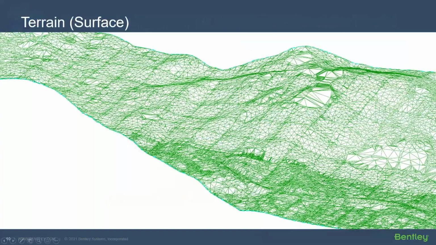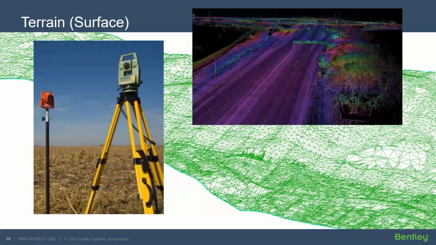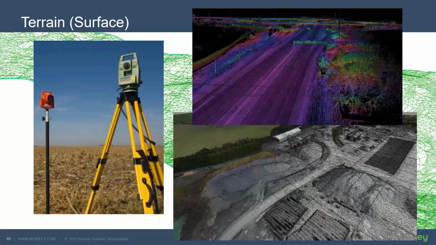Starting off with surface, as I've mentioned, you are not limited to using traditional survey data. You can also leverage the latest LiDAR technology formats like point clouds, as well as reality models. Today I would be stressing the reality model, because this is one of the latest technologies being leveraged by OpenRail Designer.